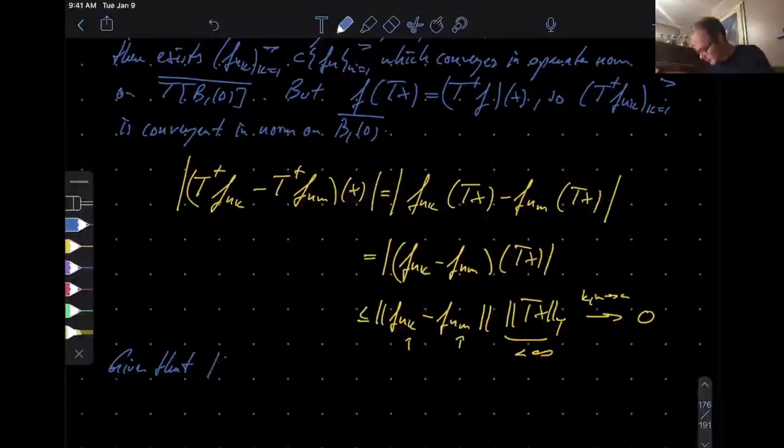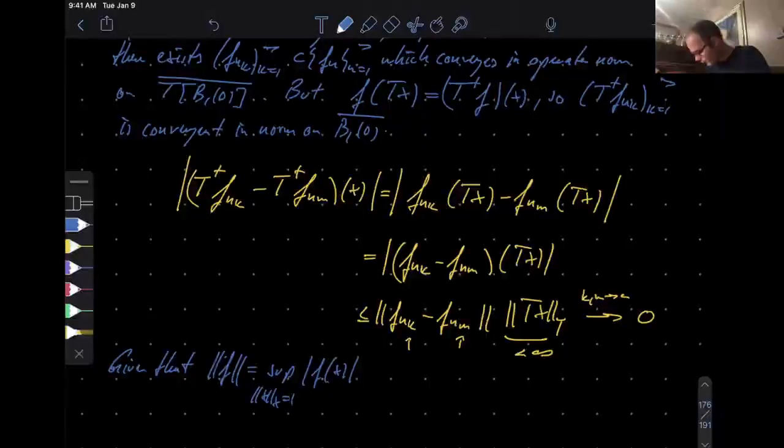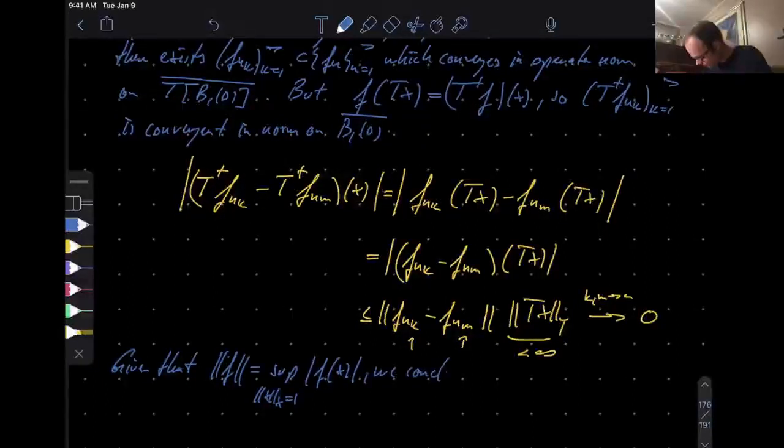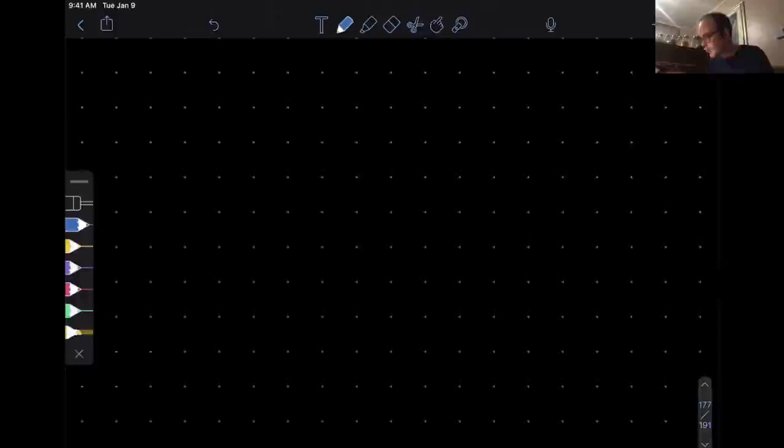Given that you have, for f, the operator norm is the supremum over x in B1 of |f(x)|, we conclude that T' f_{n_k}, k from 1 to infinity, in the dual space of X is convergent in the norm of X star.